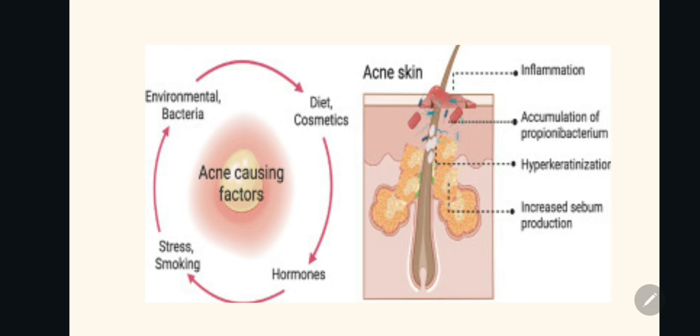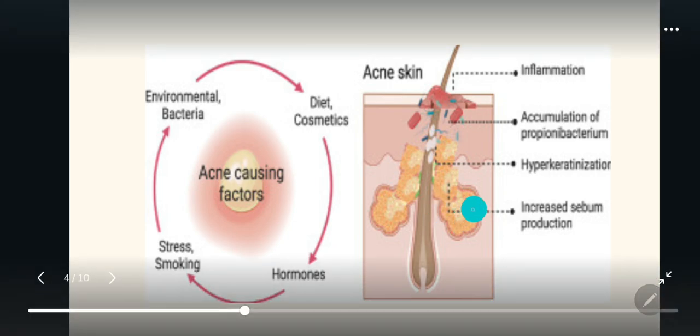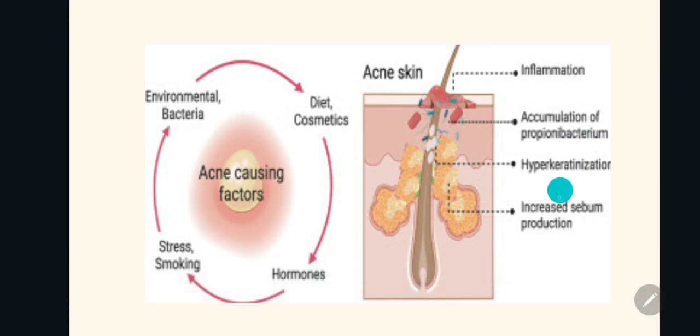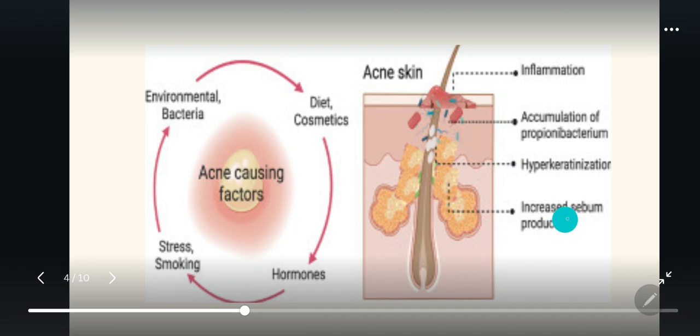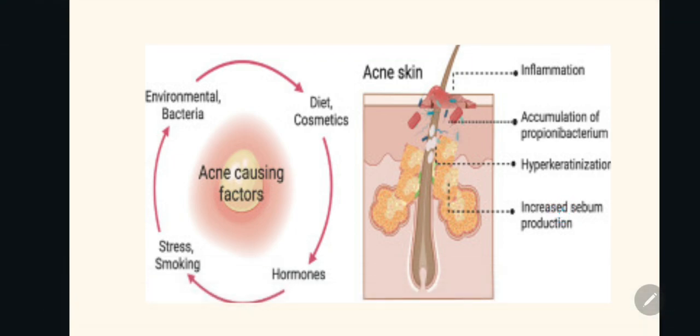In this picture, you can see a pilosebaceous unit. This is basically a sebaceous gland which is connected to the duct of a hair follicle. The opening to the pilosebaceous duct is blocked because of the activity of this Propionibacterium and because of increased sebum production. Sometimes this increased sebum production leads to the rupture of the obstructed sebaceous gland with the release of contents into the dermis.